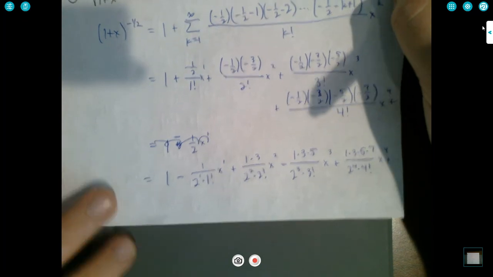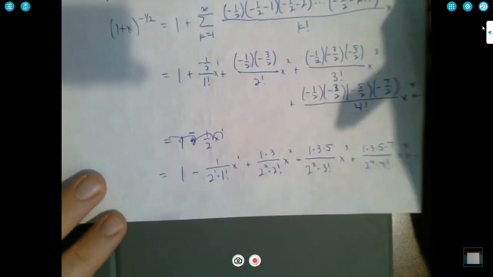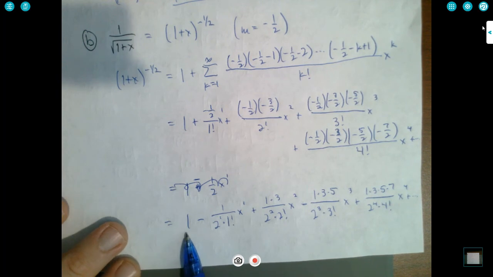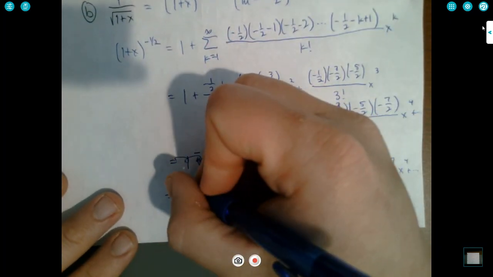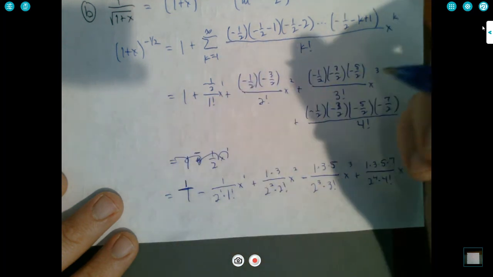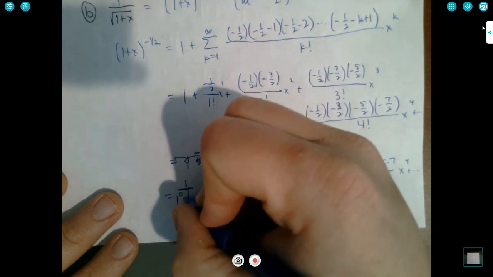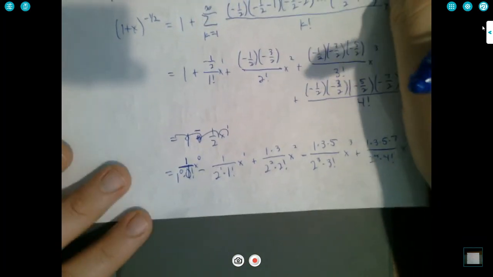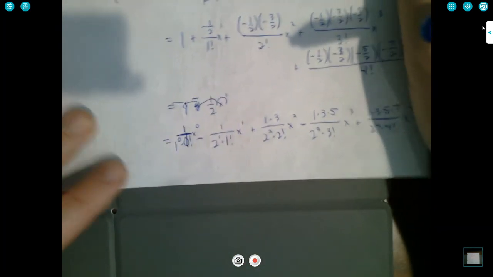Okay. So can I write that as a sum now? Sure. In fact, I wonder if I can continue the process here. Like I could call this 1 over, it would have to be 1 to the 0 times 0 factorial times x to the 0. So I think what I end up with is this thing.